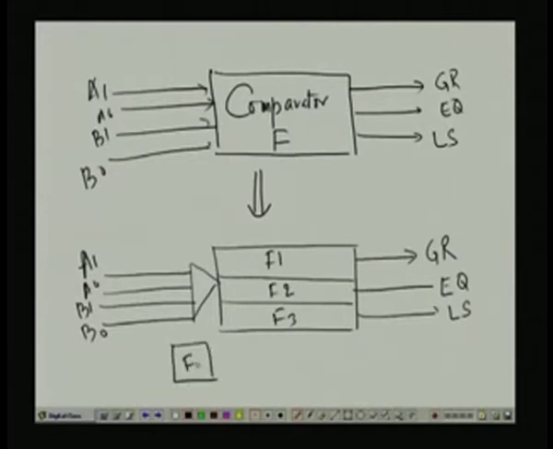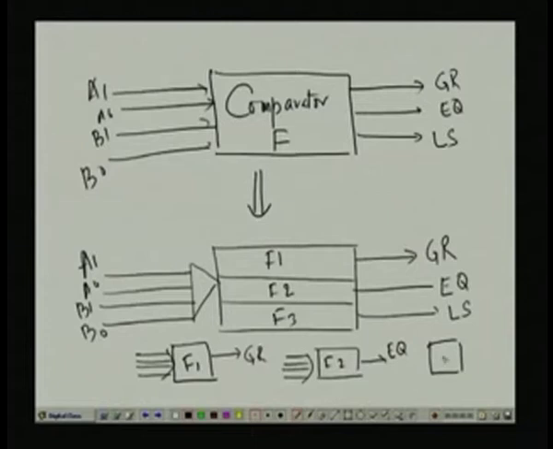This is my F1, and this is GR. F2's output is EQ. F3's output is LS. Now, these 3 functions I have to design.